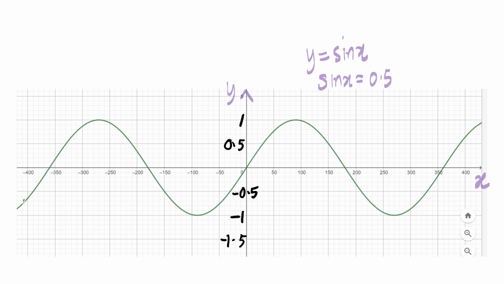In other words, I need to draw a horizontal line, y equals 0.5, and the intersection points will give me the angles that will give us the ratio 0.5. So I'm going to draw a horizontal line, y equals 0.5.